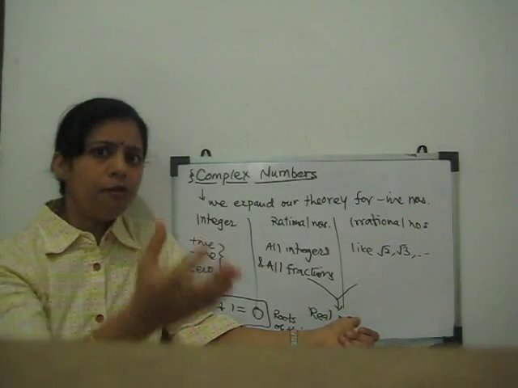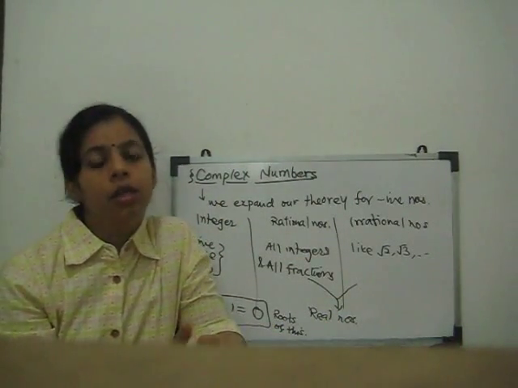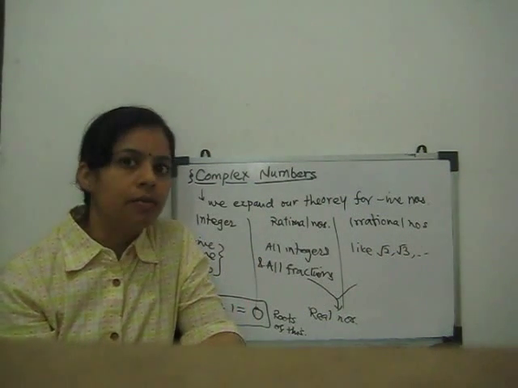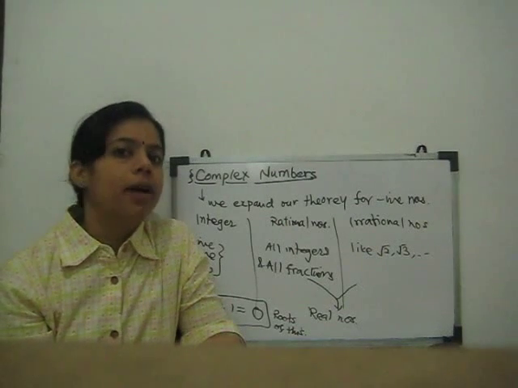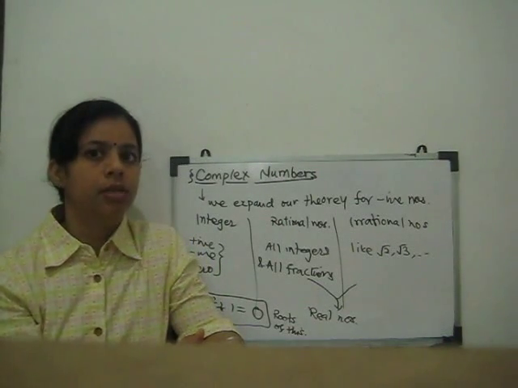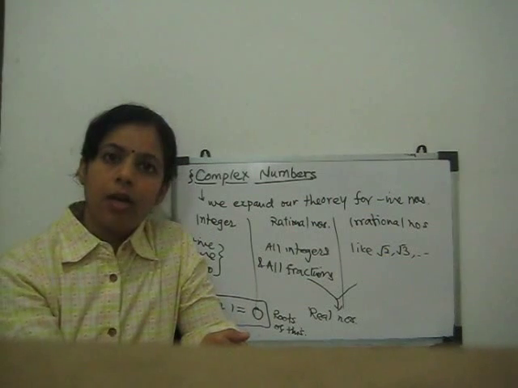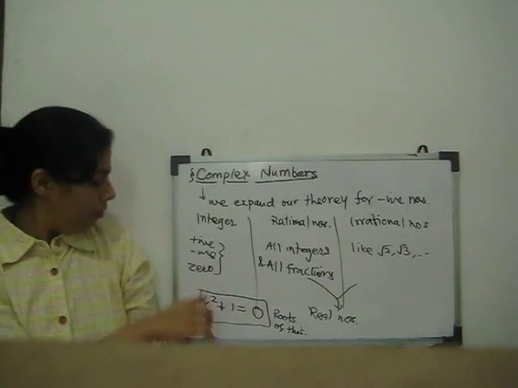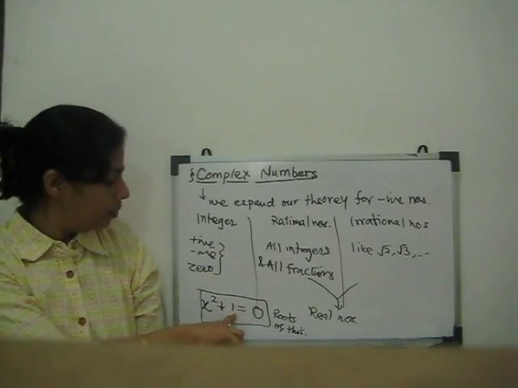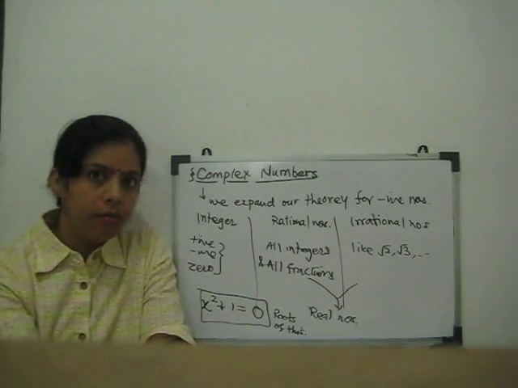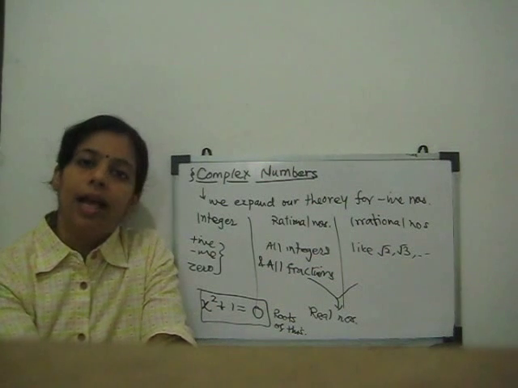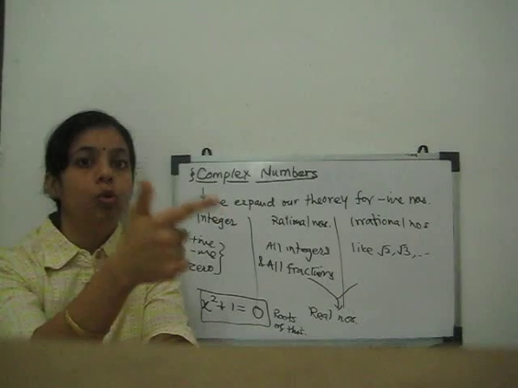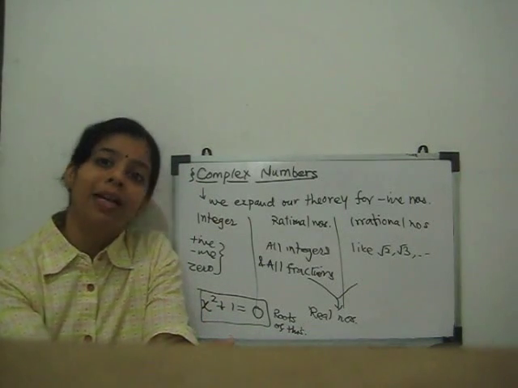But when we go for finding the roots of a quadratic equation or any equation, we get stuck. We cannot find the roots for some equations. Like one equation is x square plus 1 equal to 0. If we want to find the roots, then x square equal to minus 1, and when we take the under root, x is equal to plus or minus root of minus 1.